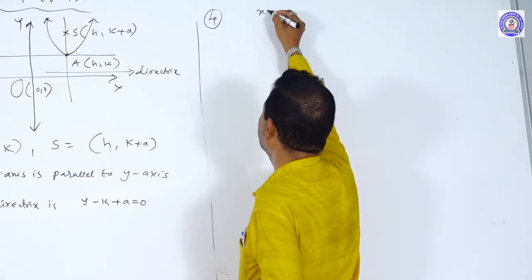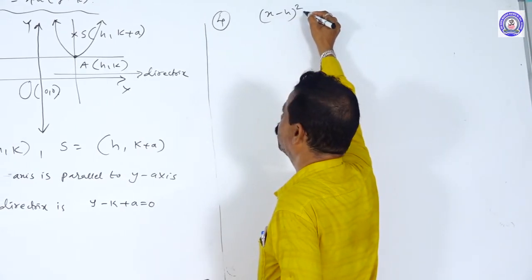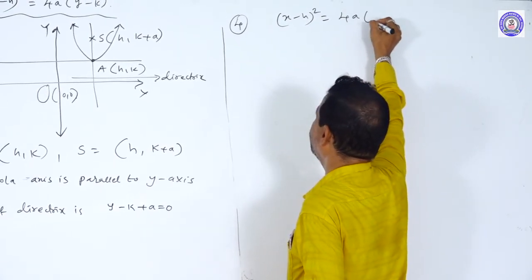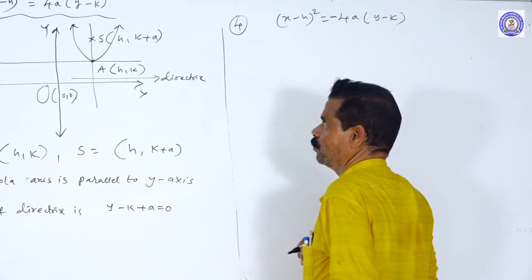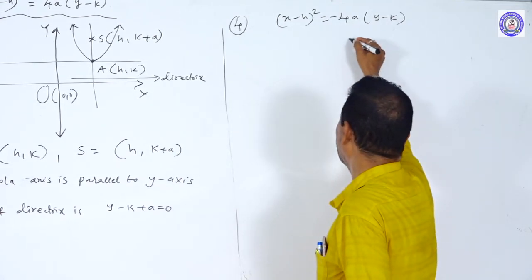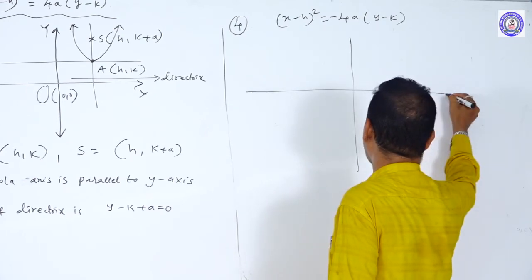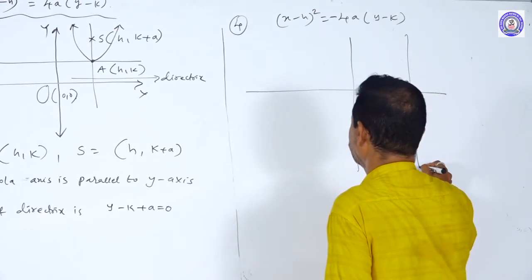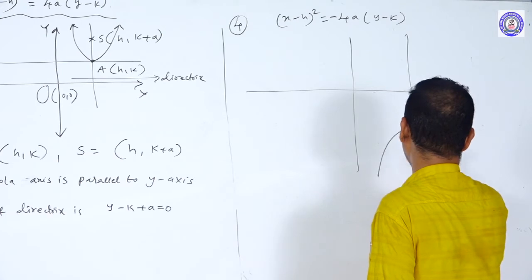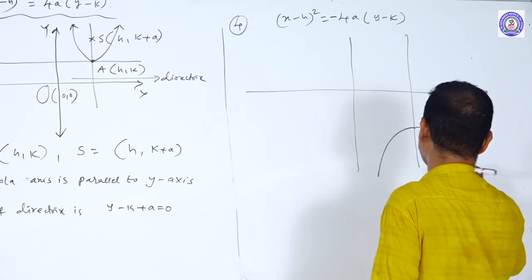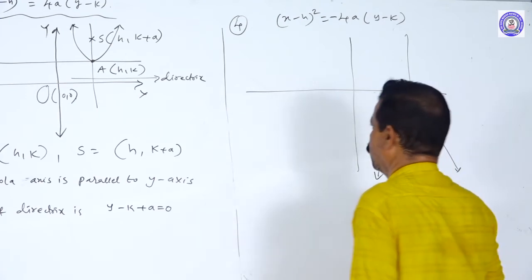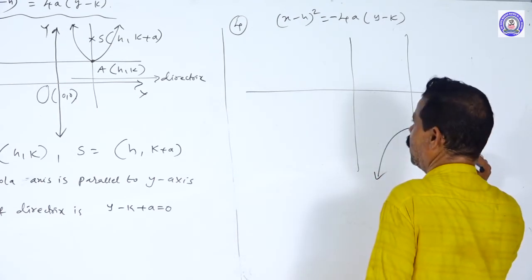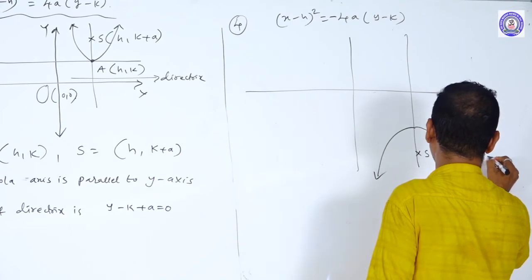Fourth form: x minus h whole square is equal to 4a into y minus k, but the sign is negative. Here the diagram opens downwards. Here S is h comma k minus a.